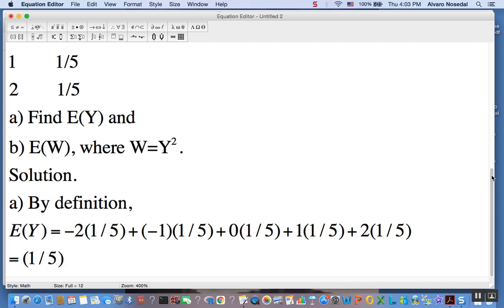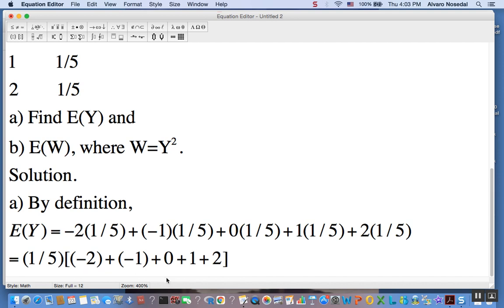This expression is the same as 1/5 times -2, let me write it down like this to stress that we have that negative sign there, plus -1 plus 0 plus 1 plus 2.